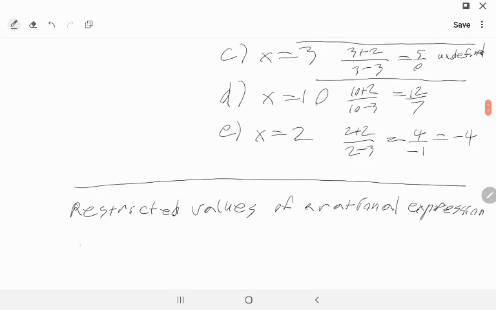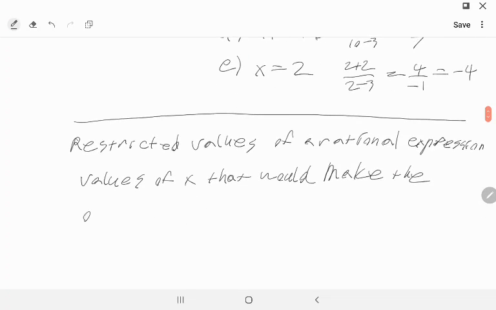We notice that values of x that would make the denominator 0 must be excluded from the domain.